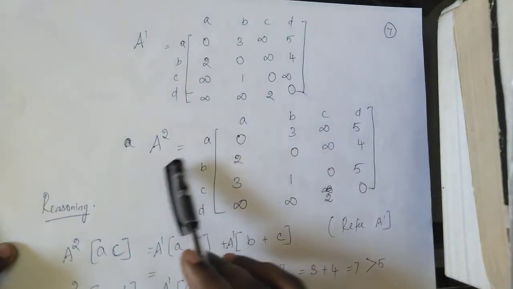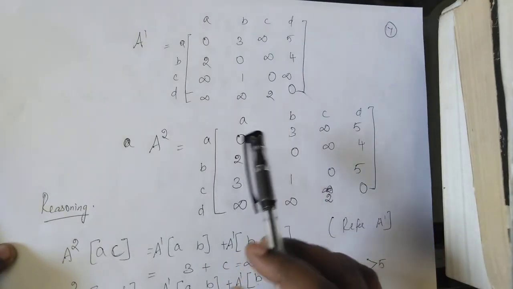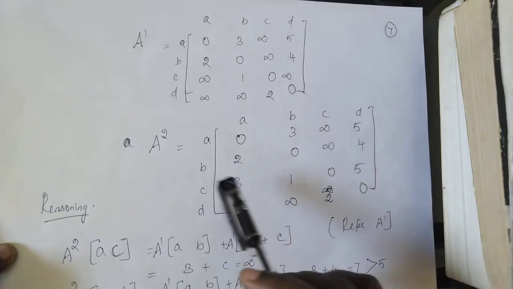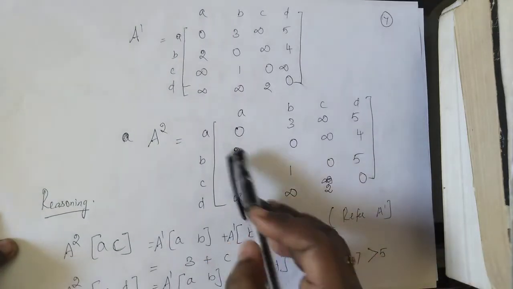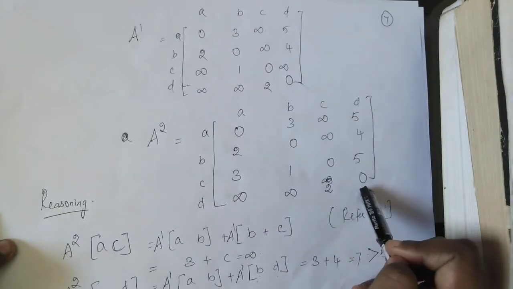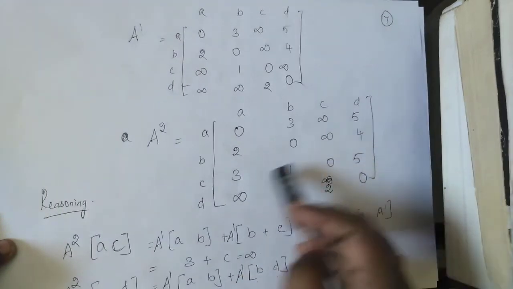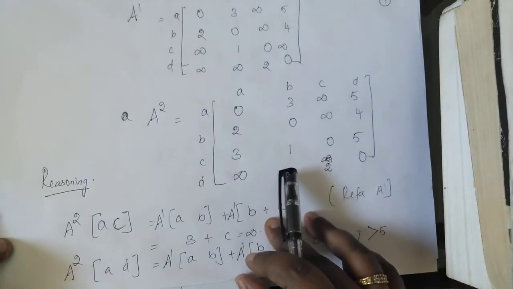So for A2, we are now interested in finding whether there could exist a shorter path when we travel through B. That's our objective. For that we will keep the second row and second column the same, and diagonals will also be kept the same as that of the A1, and we will fill the rest of the elements of A2 in a similar fashion.